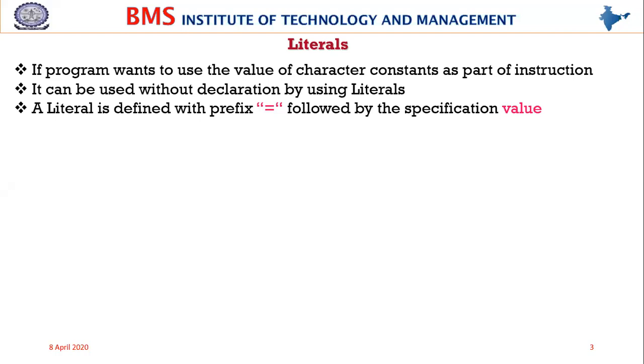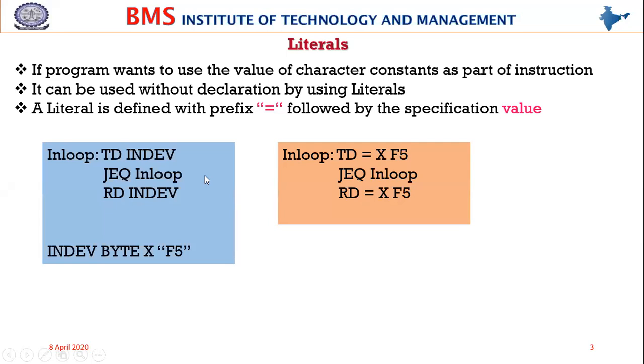So either of these things could be defined as your literals. So those values can be directly used. Just as we use immediate values with integer type, we are going to use literals for defining the character and hexadecimal values. And we have seen the examples here.